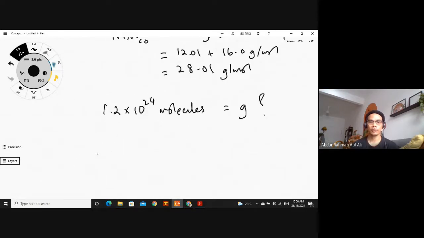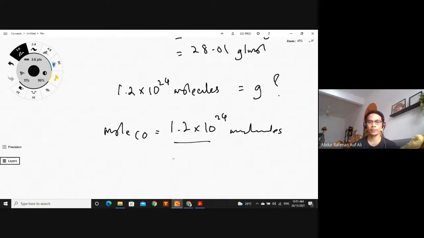So bilangan mole of CO ni, 1.2 darab 10 kuasa 24 molecules ni, tulis dia punya unit, divide dengan Avogadro number, iaitu 6.02 darab 10 kuasa 23.